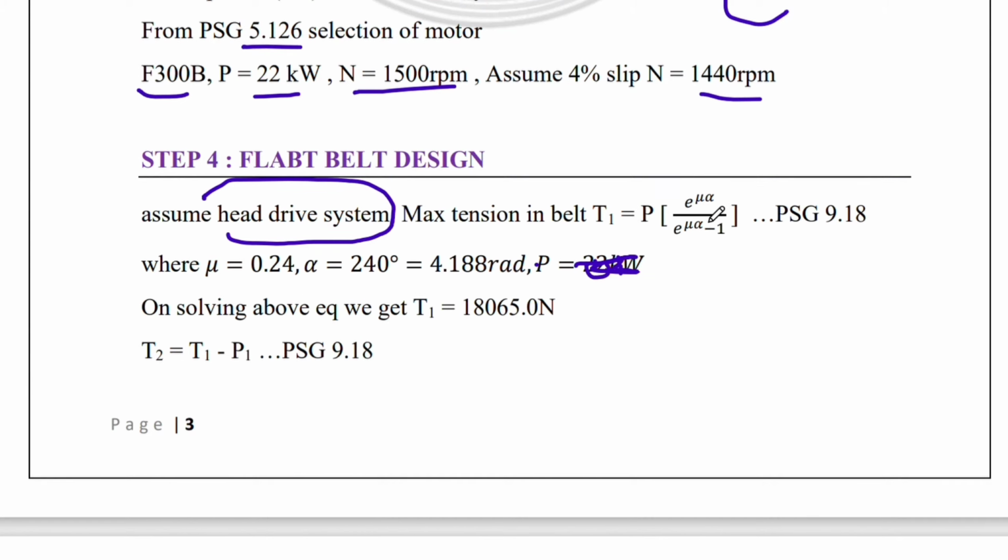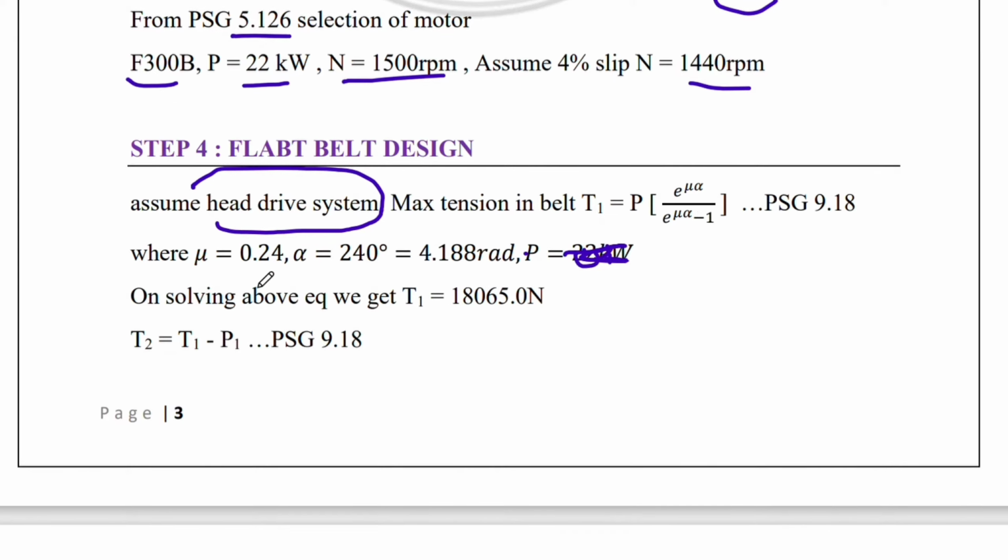What will be mu? Mu is the coefficient of friction between belt and the pulley. In the data book page number 9.18 there is a range given for mu, which is 0.1 to 0.4. Here I have assumed 0.24.